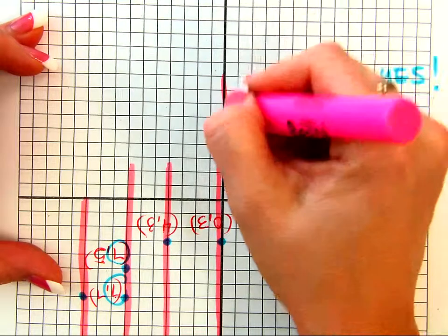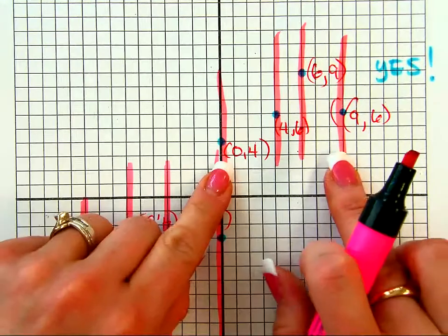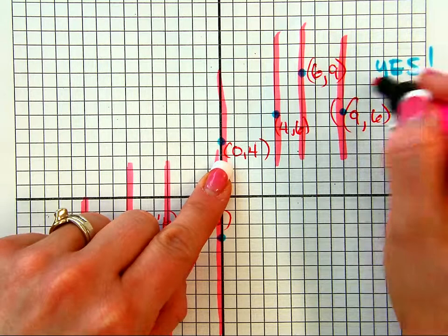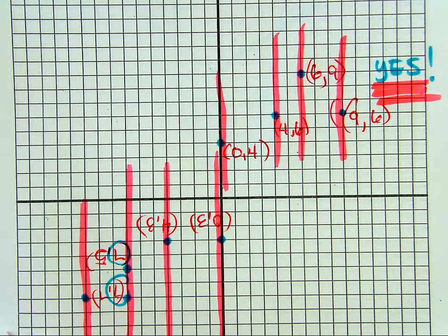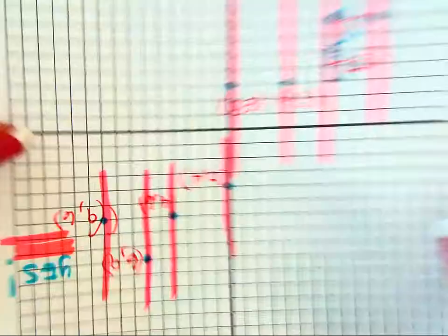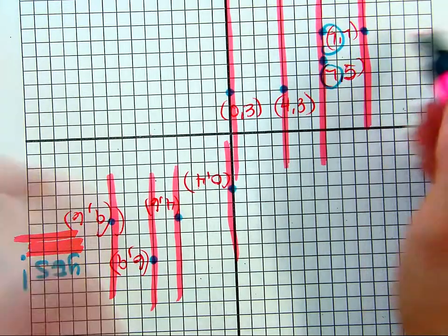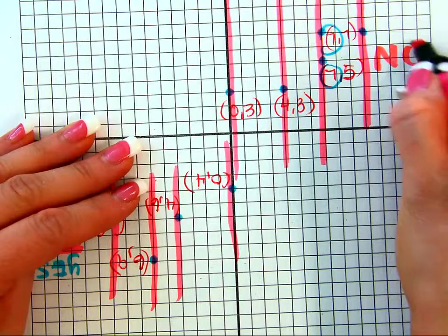Draw a straight line. Draw a straight line. How many points are on each line here? Just 1. And that's why it's a yes. Because that's all you can have in order for it to pass the vertical line test. So when I'm drawing my vertical lines here, I'm good. I'm good. Oh, I got 2 on one line. This is a fail. It failed the vertical line test. This is not a function because of the vertical line test.